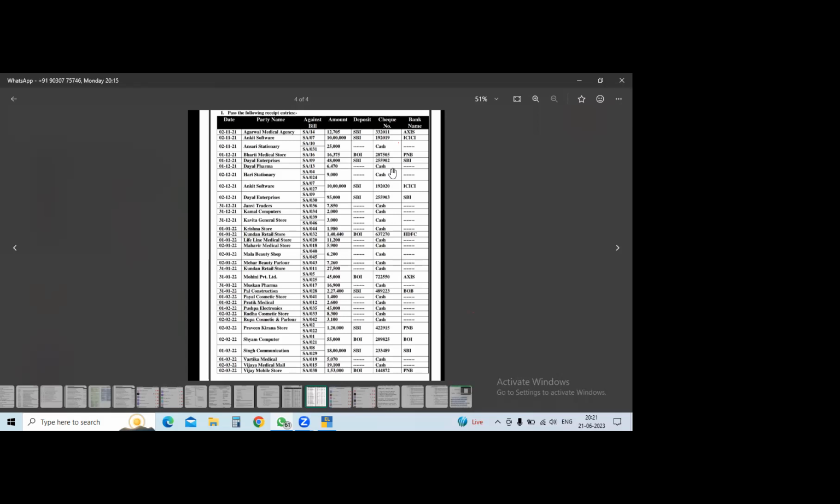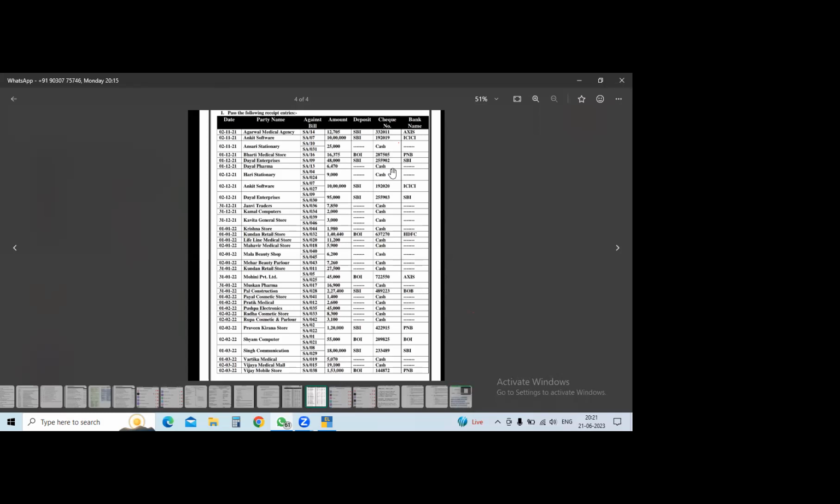If the company has two or three accounts and we transfer money from one bank to another bank, the parent company is the same. Like I have a Bank of India account. I am the owner. I have my business accounts at Bank of India, SBI and all. This parent company is the same, ma'am.